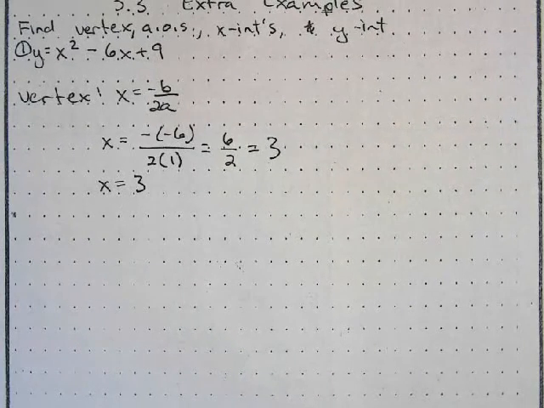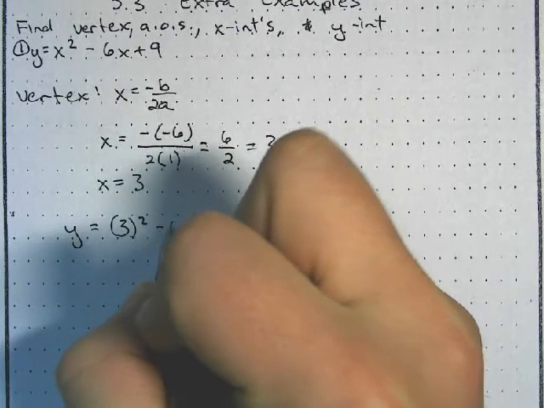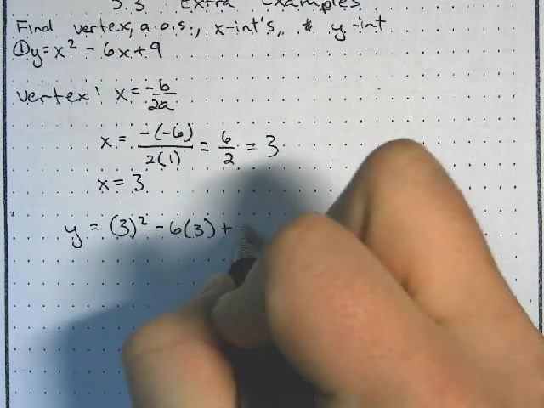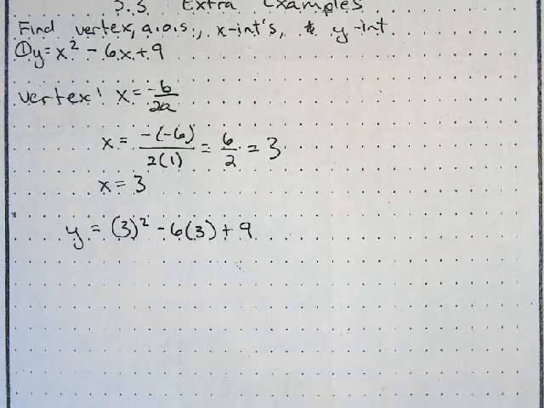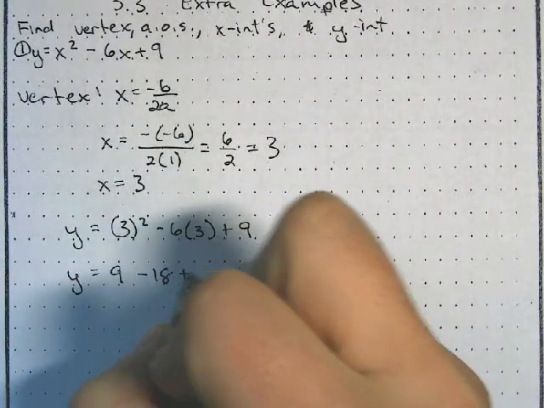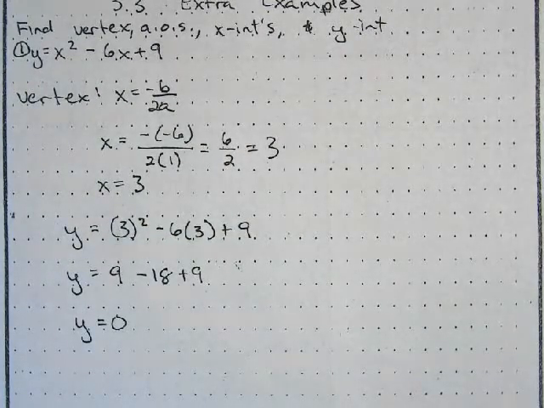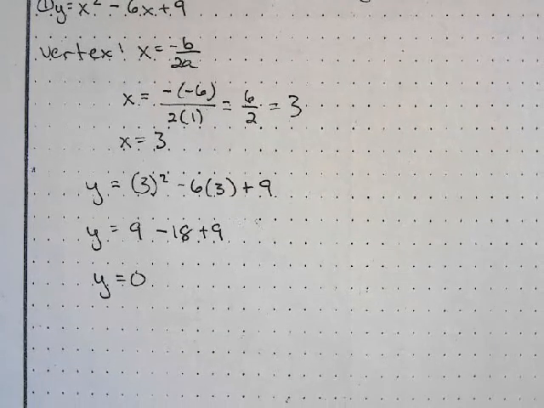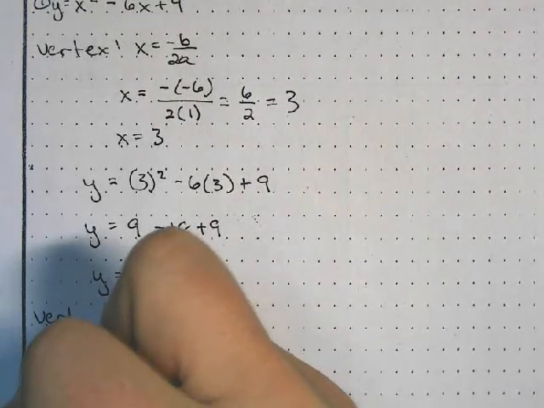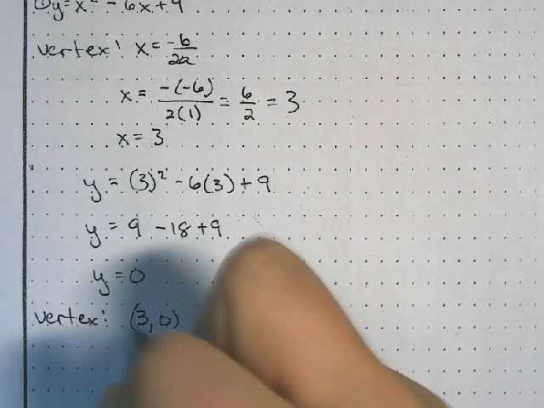Next we plug in to find our y. So y is going to be equal to 3 squared minus 6 times 3 plus 9. So we have y equals 9 minus 18 plus 9, y equals 0. So our vertex is 3, 0.